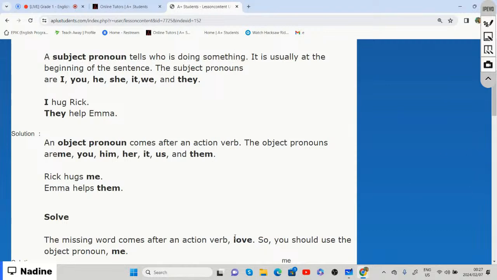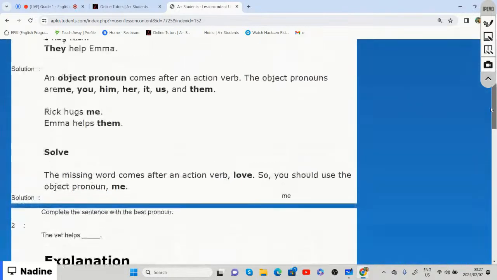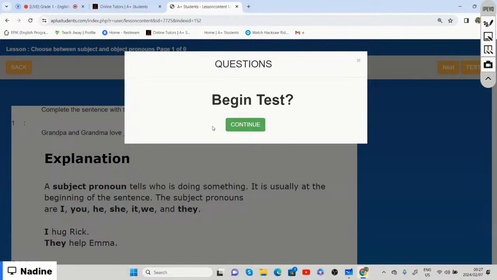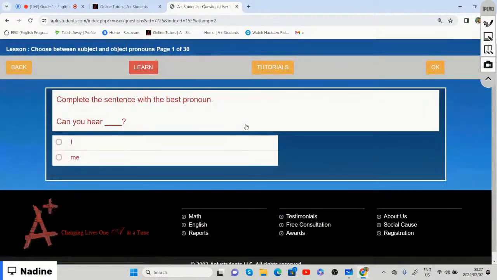And we said an object pronoun comes after an action verb. All right, so now let's go to our test, where we're choosing between a subject pronoun or an object pronoun.